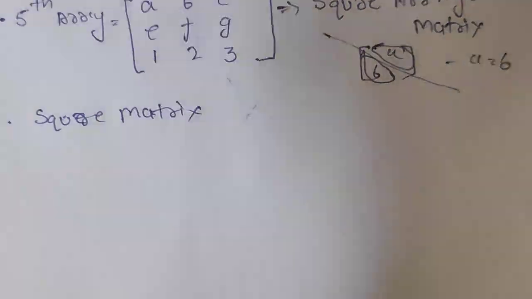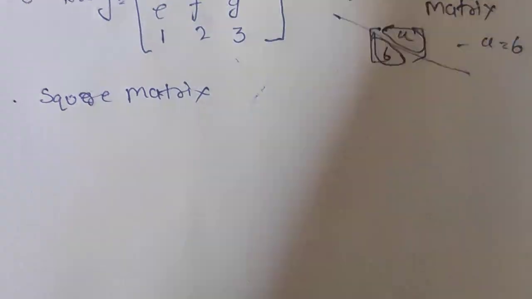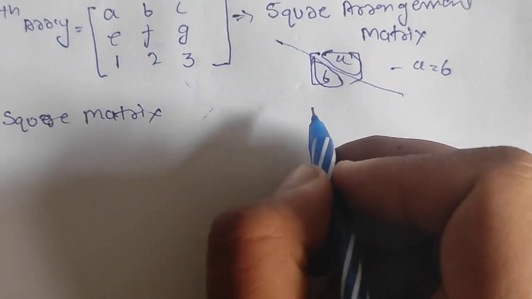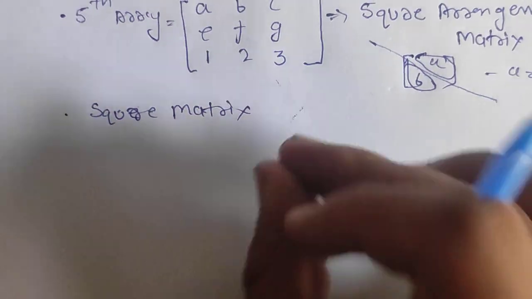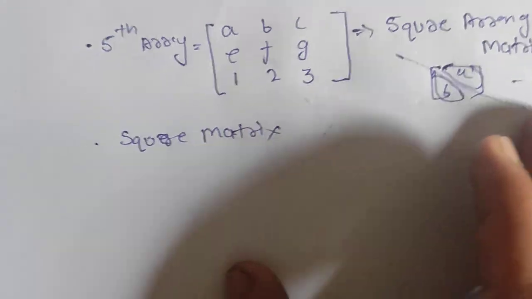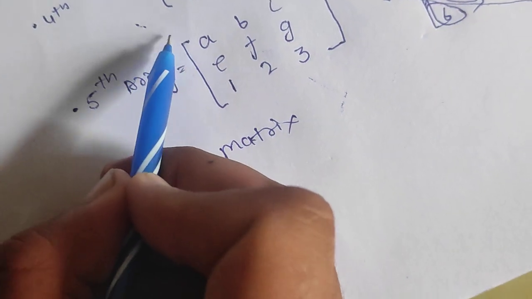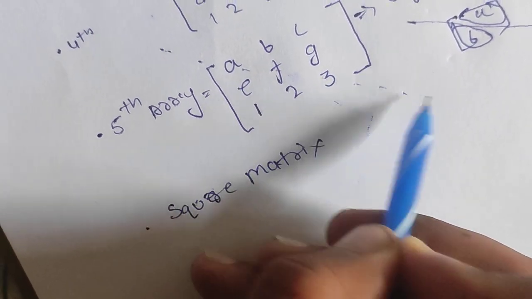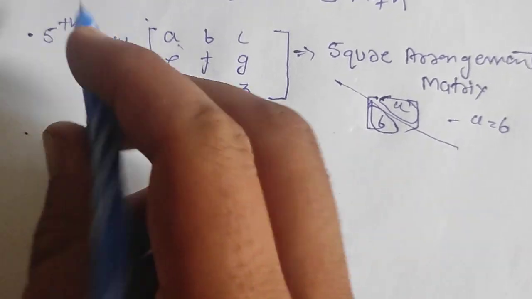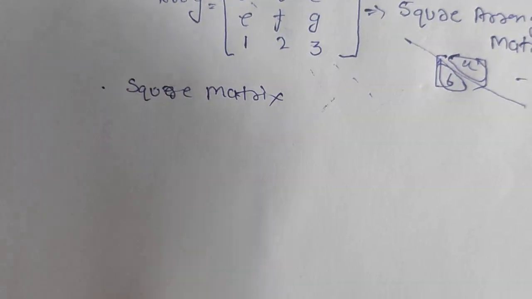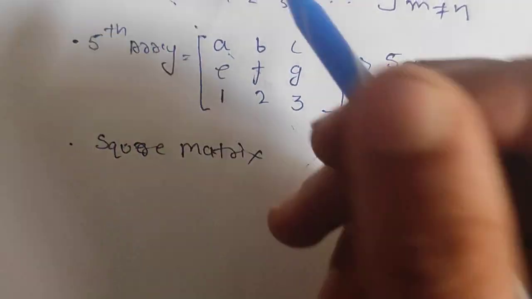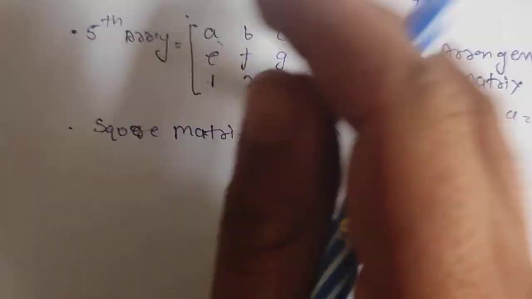The line which bisects all these parts into the same area, like if we add two triangles of the same size we create a square. Similarly, the line which bisects the square matrix, with the same number of elements on both sides, is called the diagonal of a matrix.